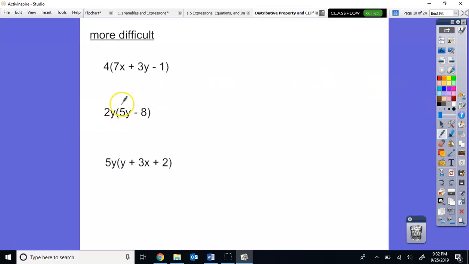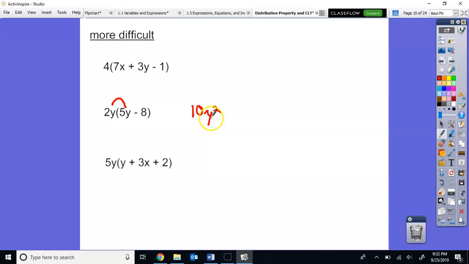We did have some that got a little more complicated sometimes, like this. 2y times 5y would be 10y squared, because 2 times 5 is 10. Y times y is y squared.